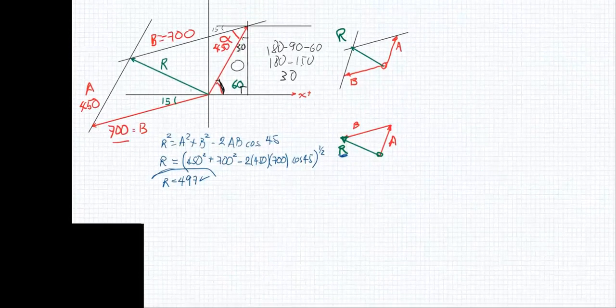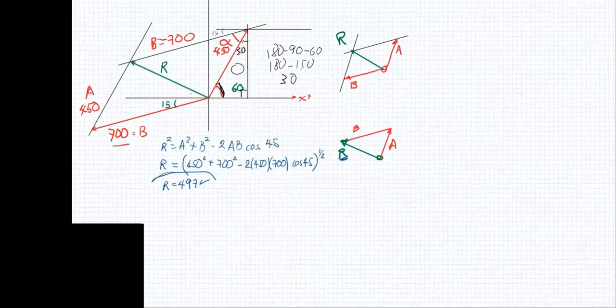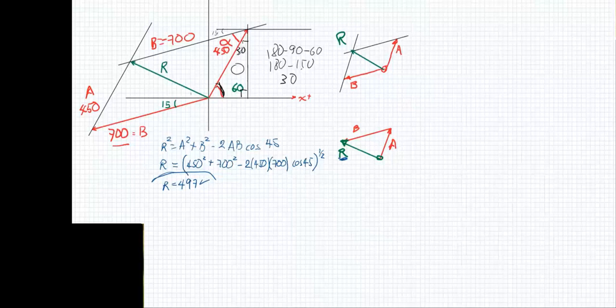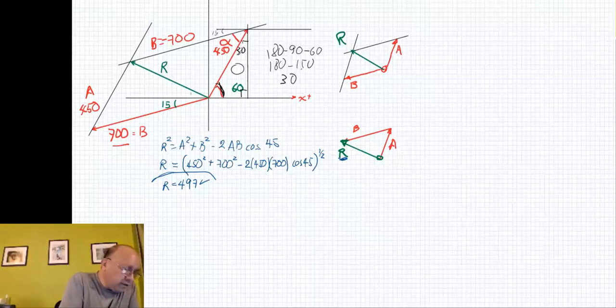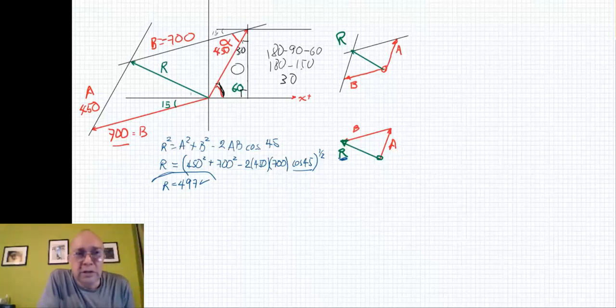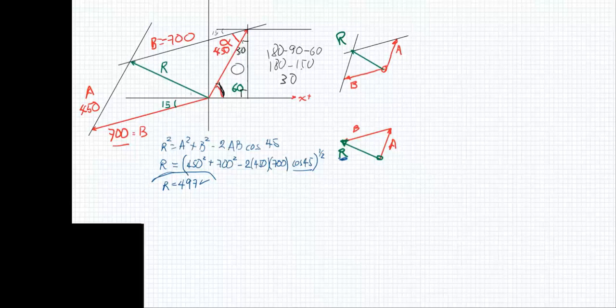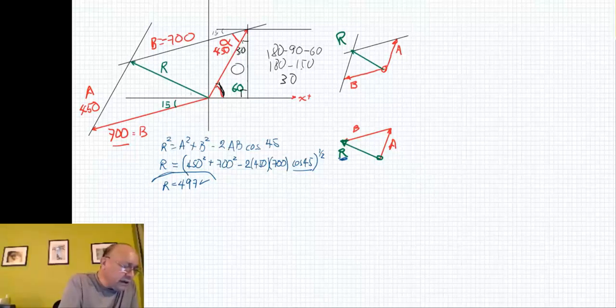Why is it cosine 45? Why do we use cosine of 45? Remember the law of cosines.